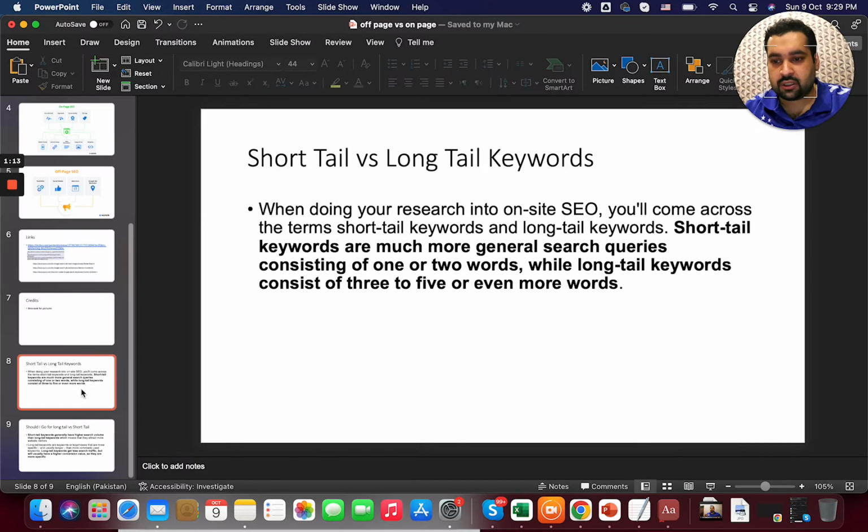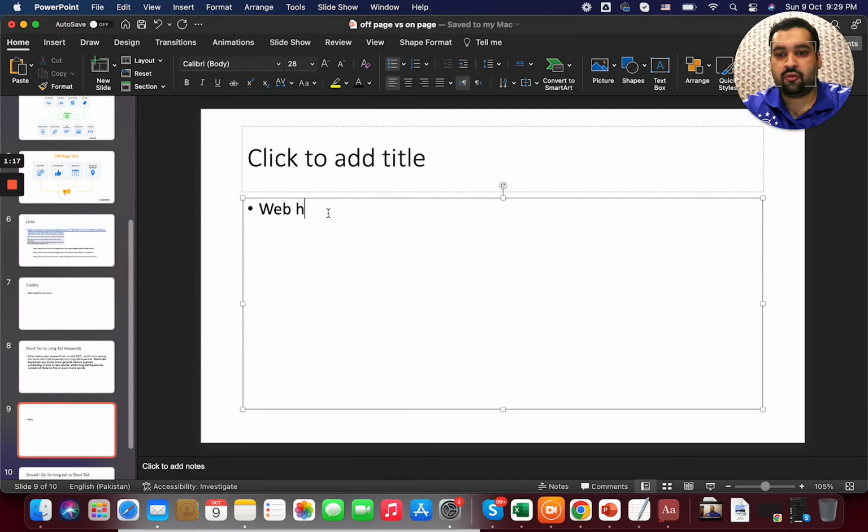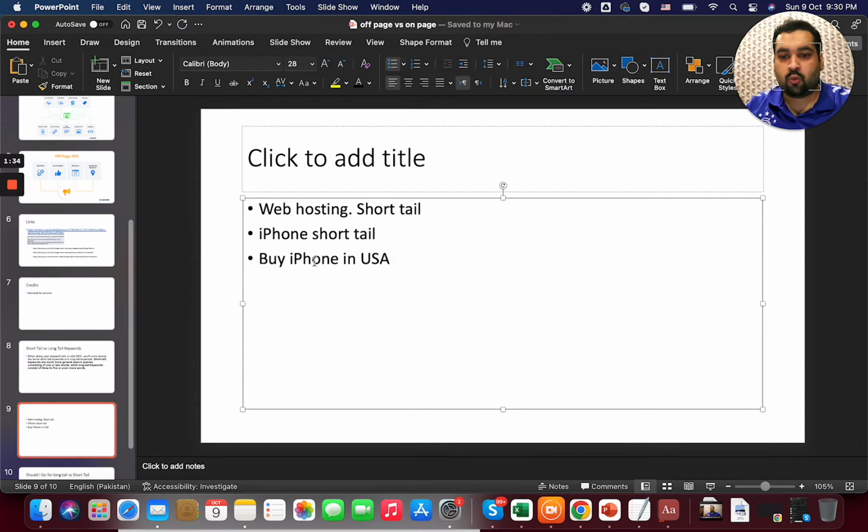For instance, let's examine web hosting. That is a short tail keyword. Another is iPhone. That is a short tail. But let's say I'm searching buy iPhone in USA, that's 1, 2, 3, 4 words, so that is a long tail keyword.